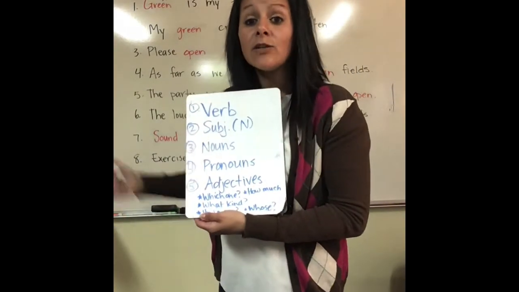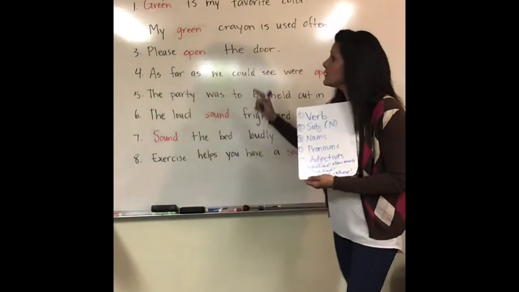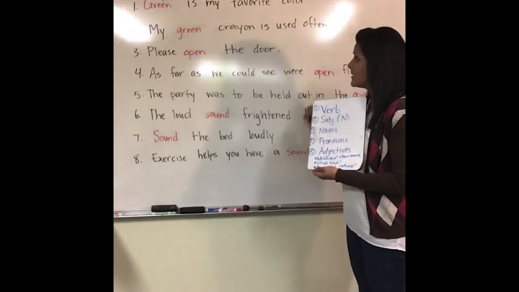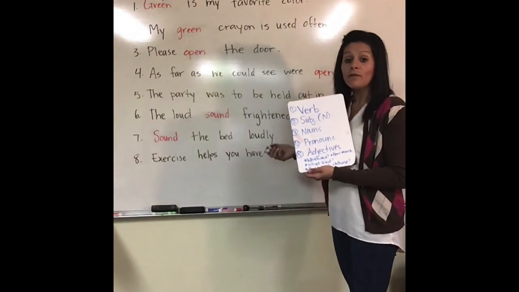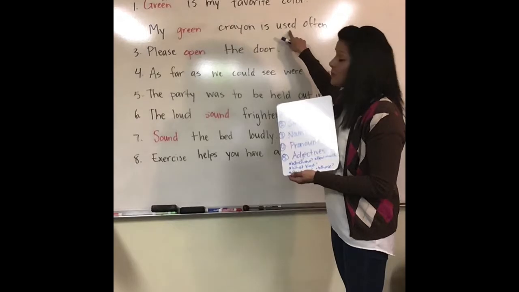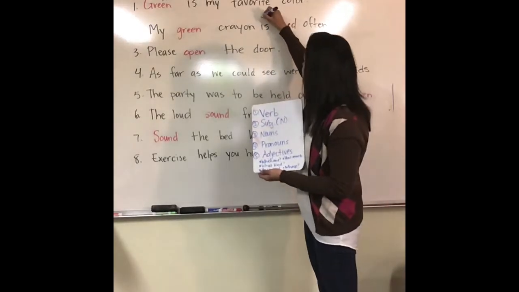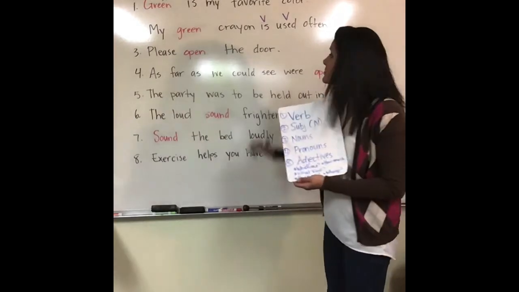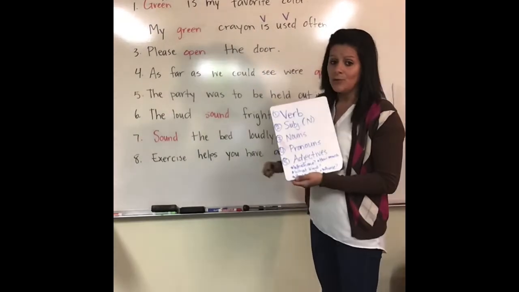All right, let's go to the next one. The next one says, my green crayon is used often. Okay, so let's start with the verb. What's the verb in the sentence? Is used, okay? So we have a verb phrase, is used. What is used?